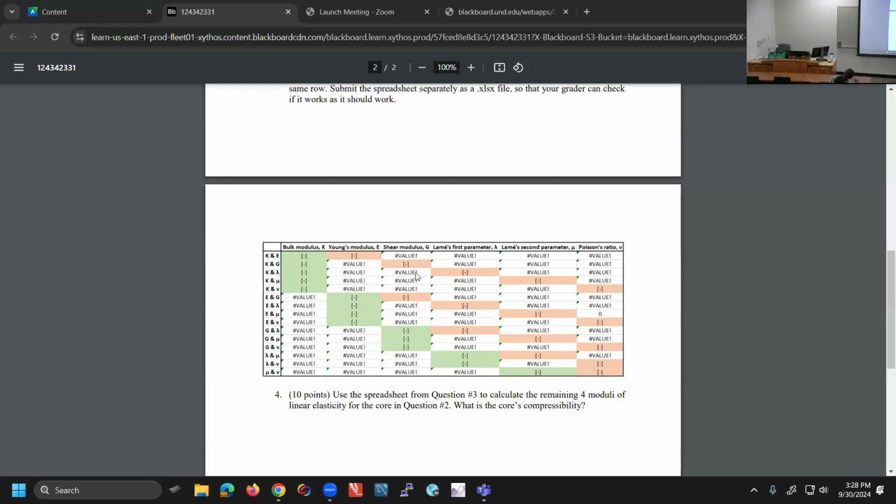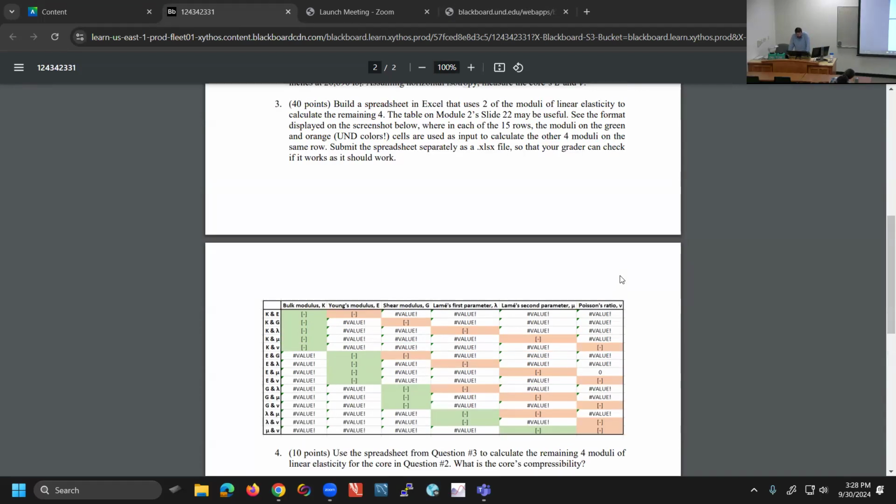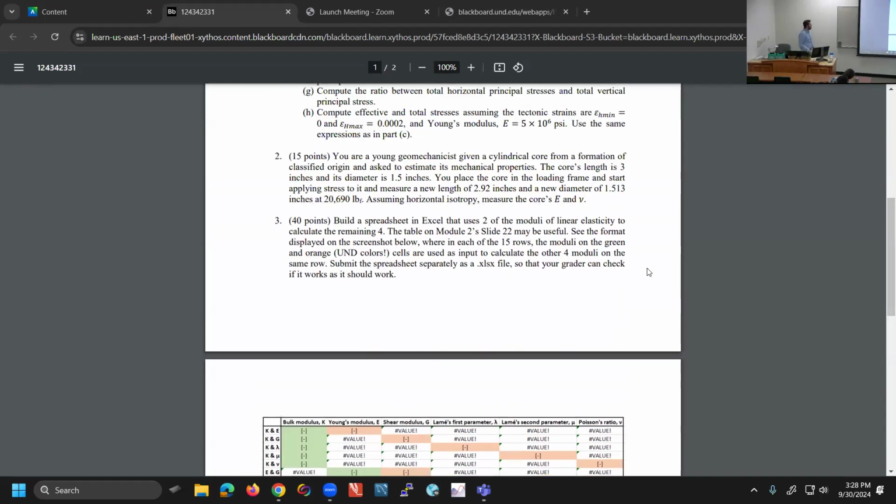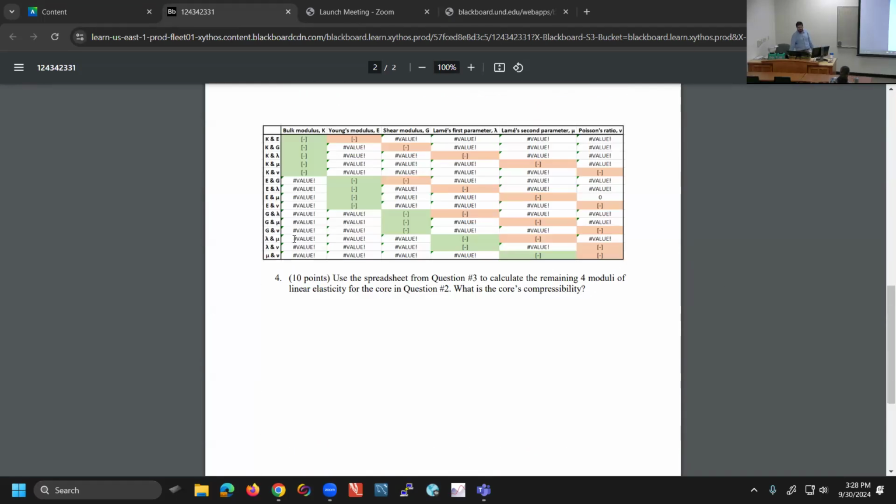Then take 4 from here, put them elsewhere, you need to get the other 4. So you can check every row separately and make sure that every row is correct. That's why I have more points in question 3 than question 4. Question 4 is almost like a bonus kind of thing. It tells you how to make sure that your spreadsheet is correct or not.